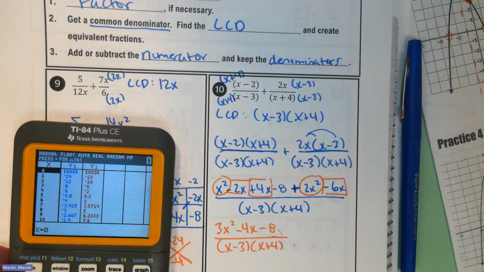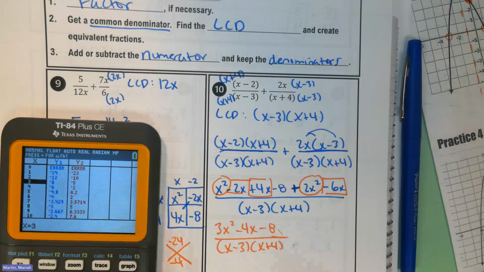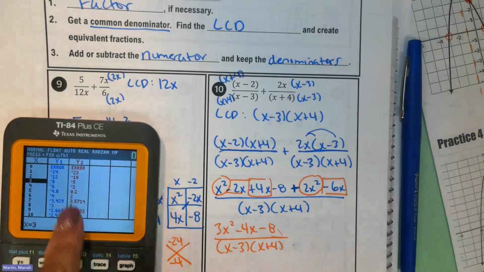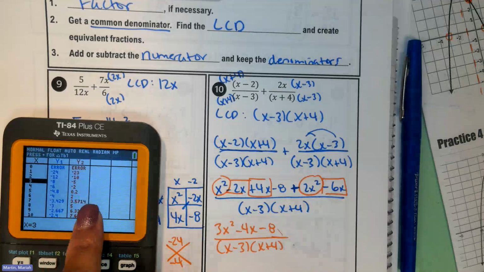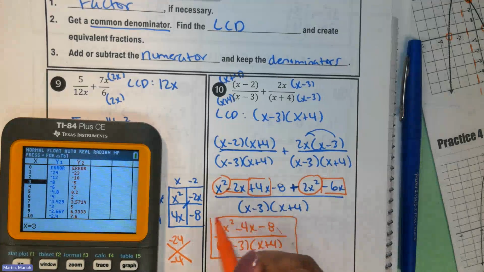Now I'm looking for negative 4, and there isn't a negative 4, so there's nothing that I can combine to reduce this, so we're leaving this answer the way it is. If there's not negative 4 in that y2 column, that means this cannot be simplified, so this will be my final answer.